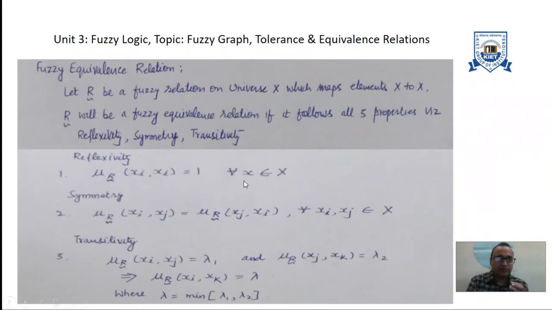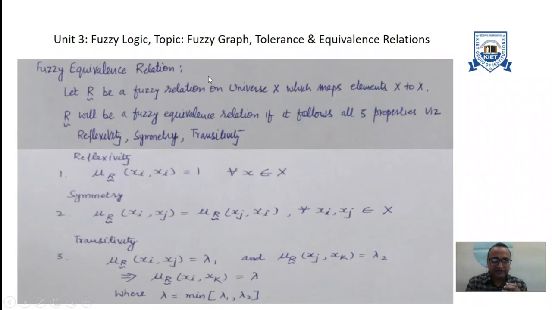Now we are coming to the fuzzy equivalence relation. Till now you have seen the equivalence relation and the tolerance relation in the context of the crisp set. In the same way, you can conceive the same idea for fuzzy relations also.